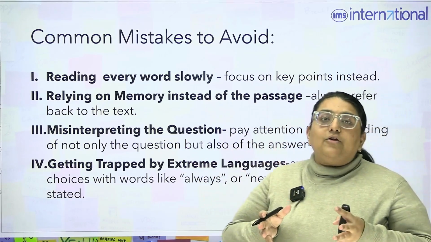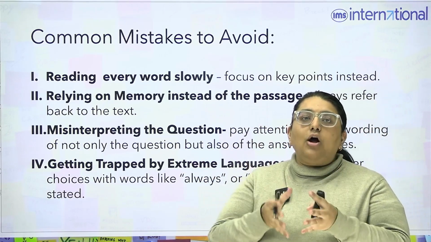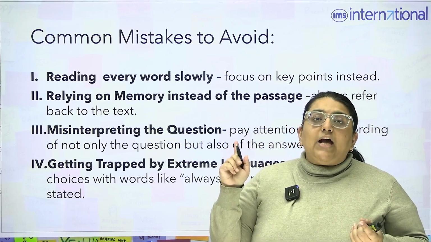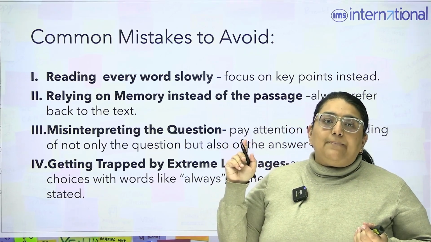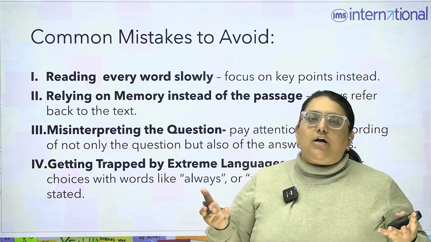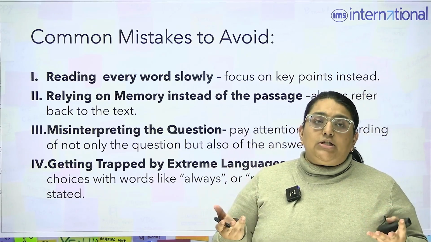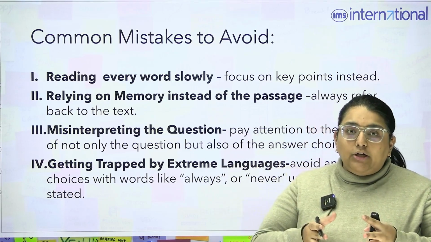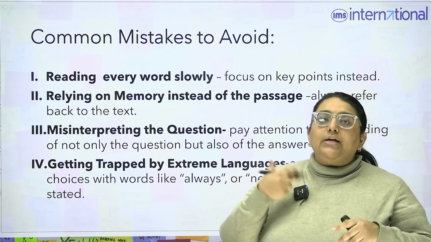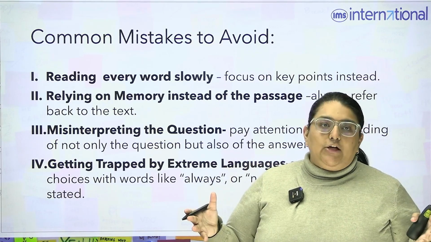I would also add, do not misinterpret the answer choices. In our previous example, we saw how the options can be very confusing, very close to each other. So it is not only important to interpret the question correctly, but also to interpret the options fully.